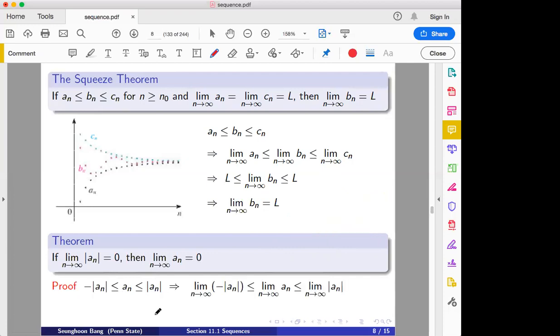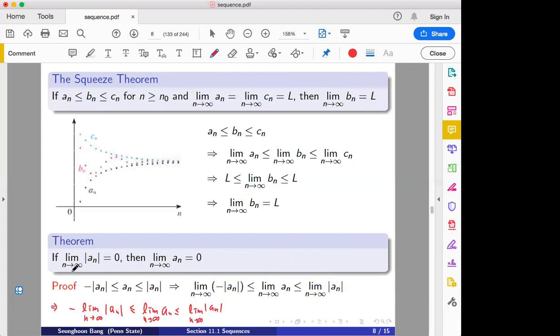Next, take the limit of each side. Here, you can take out minus 1, so the negative comes out of the limit as n approaches infinity. The middle is just An, and on the right is the limit of the absolute value of An as n approaches infinity.